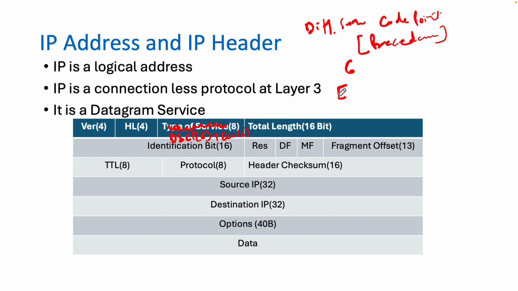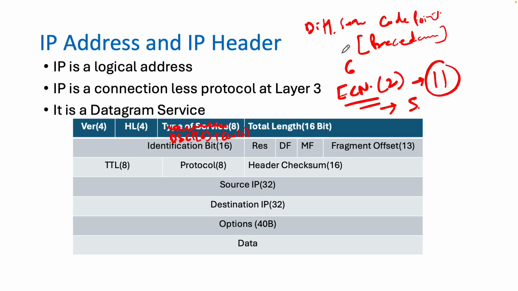And for the ECN, that is explicit congestion notification, there will be 2 bits. So if both bits are, let's say, set to 1 and 1, it would mean that there is a congestion right now in the path, the packet is not delivered, and this notification is being sent to the source. It is telling the source that, see, you sent a packet, there's a congestion in the path, and I'm stuck, but I am not dropping the packet. This is the meaning of these 2 bits, ECN, right?